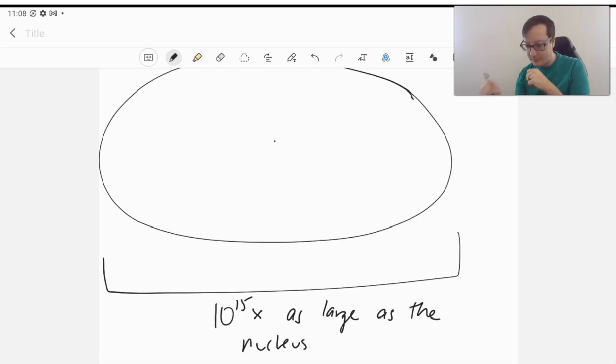And just for another point here, interestingly enough, if we were to condense all that empty space, if we just had the atoms as only nuclei, and there was none of this 10 to the 15th business, all the matter in the universe would be about the size of a desk.